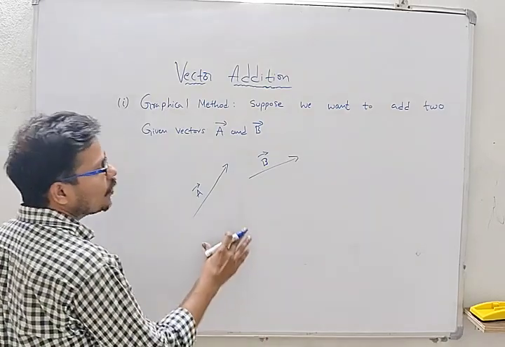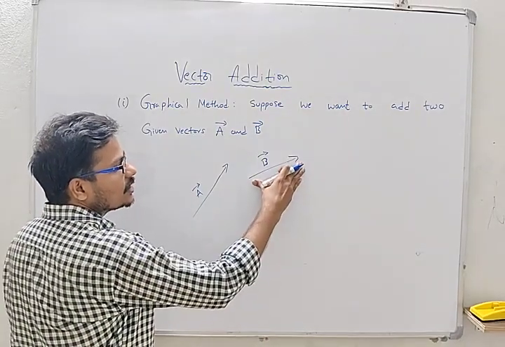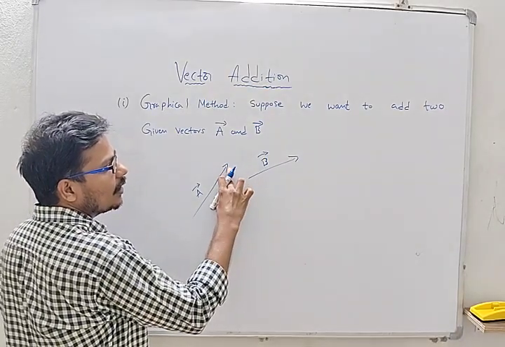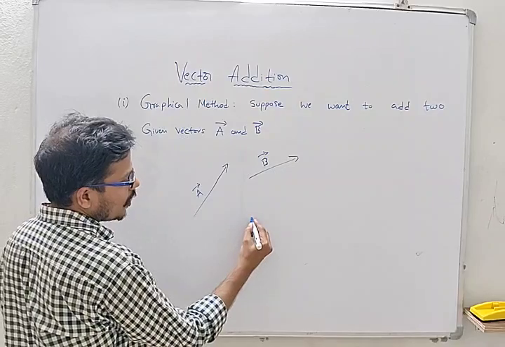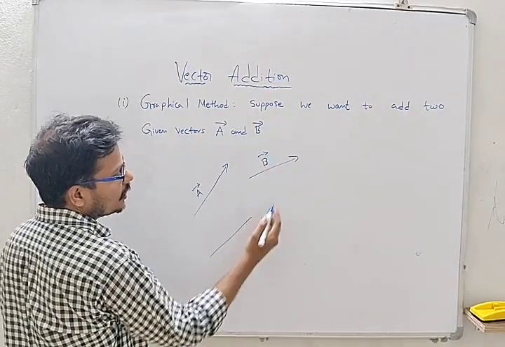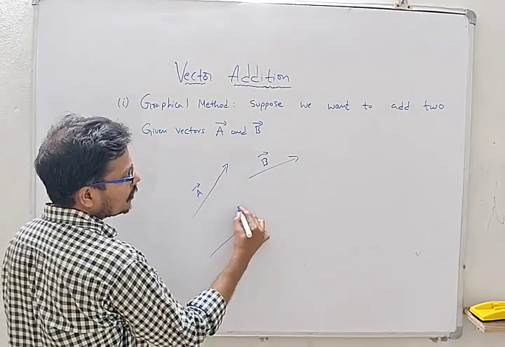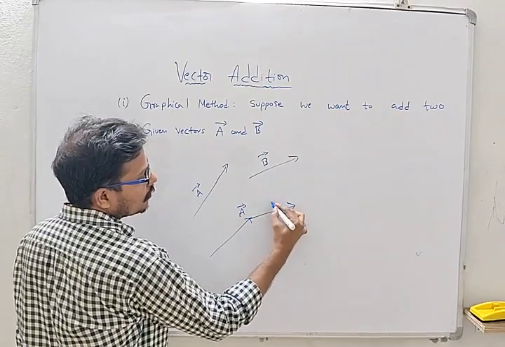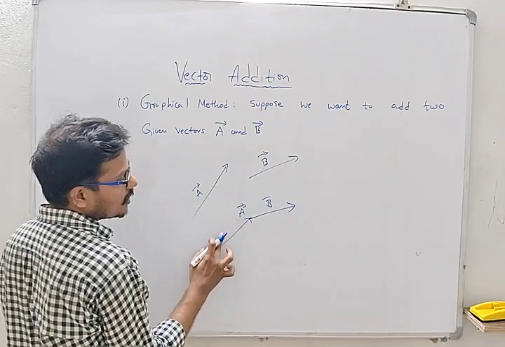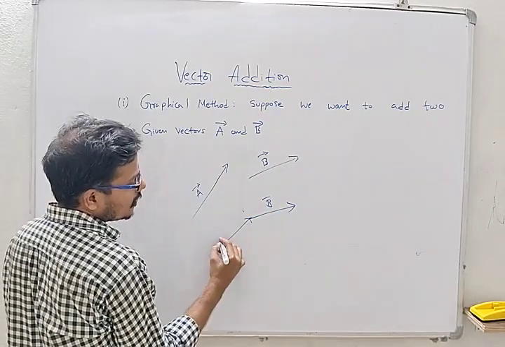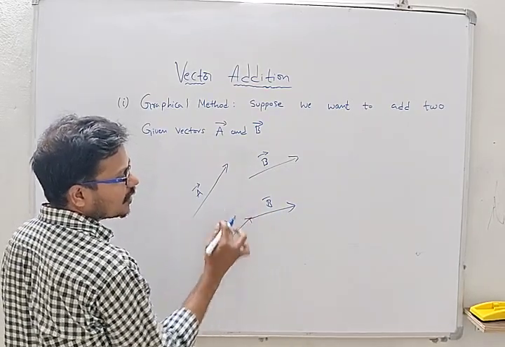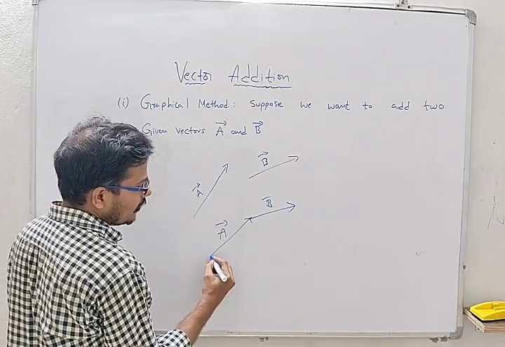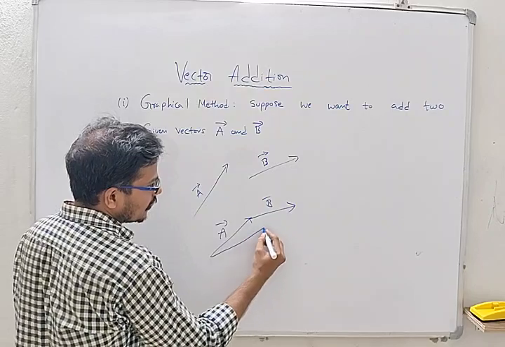Now when you want to add, shift this B vector to one of the ends of the A vector. So now I am moving it. This is the A vector and this is the B vector. Now to add, we will get the resultant of the vector.